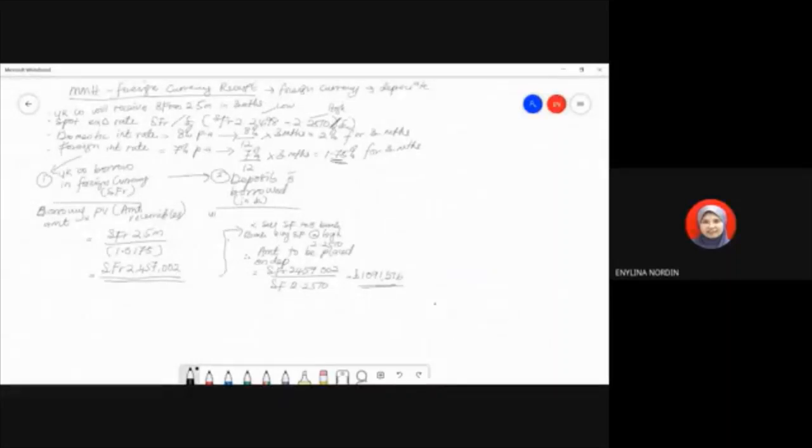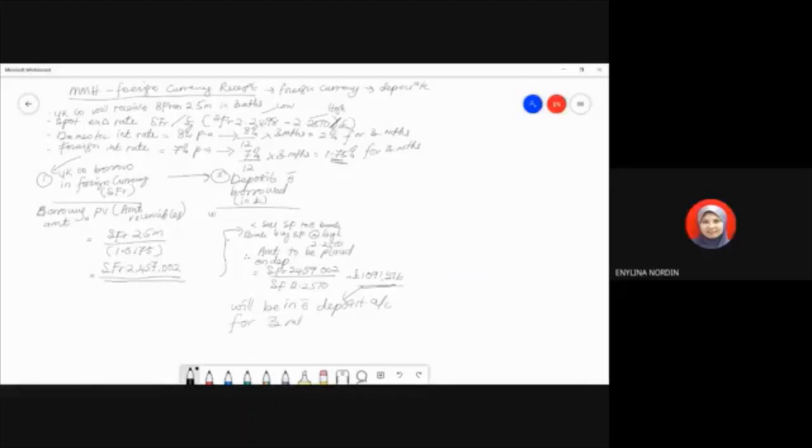Okay, right. And then this amount will be in the deposit account for 3 months.